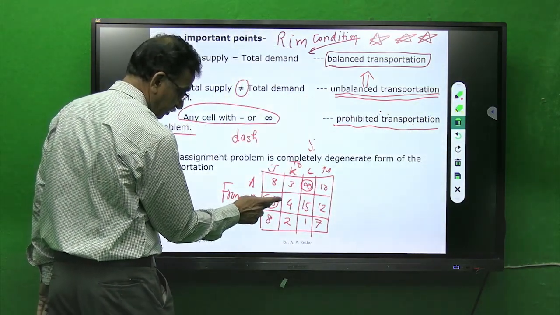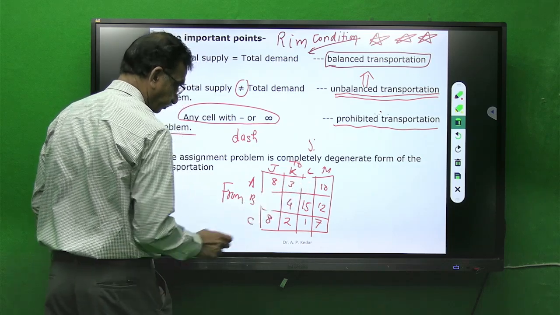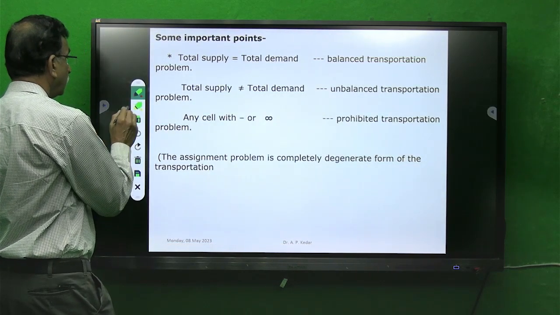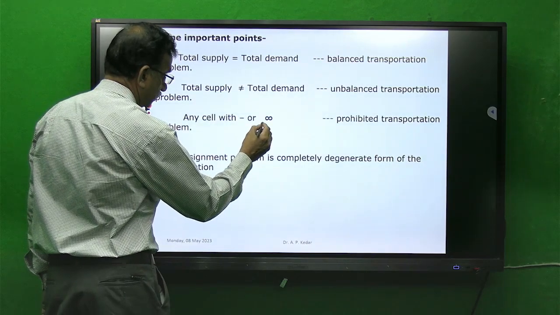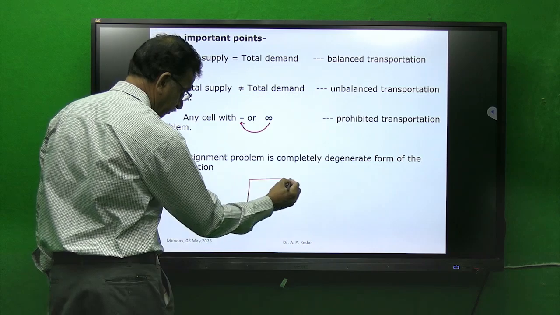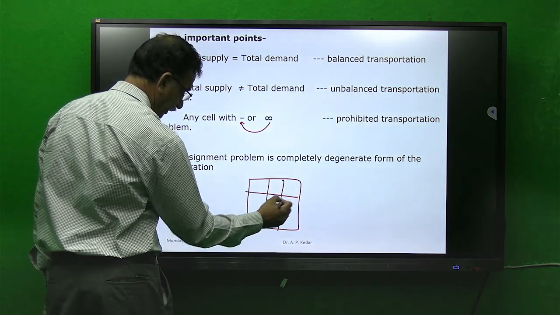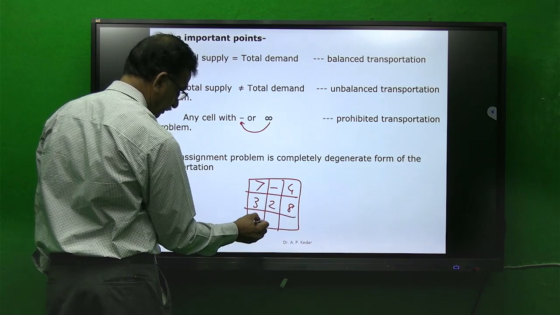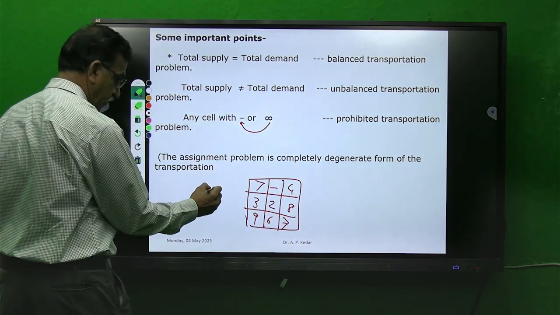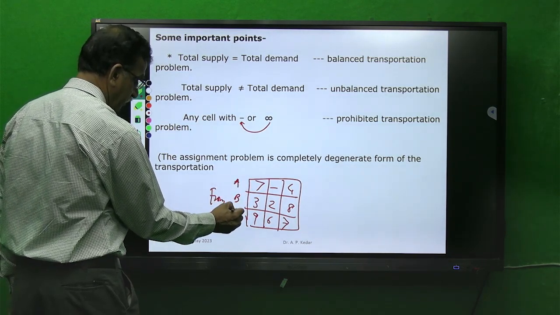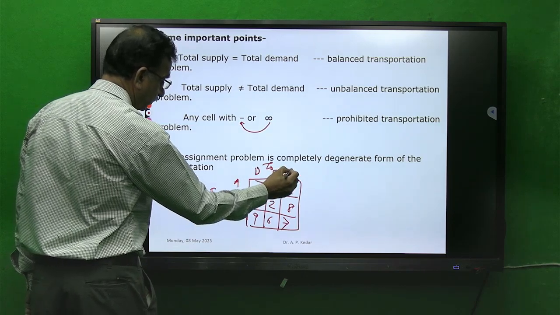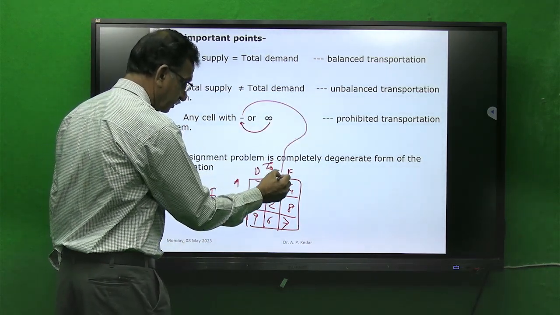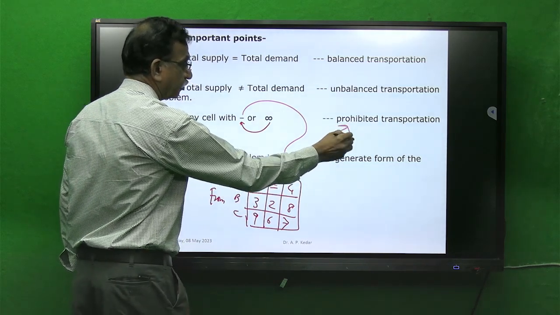Or in other way, suppose there is no infinity, suppose you replace this by this, like for 3 by 3 again we can take 7, 4, 3, 2, 8, 9, 6, 7, means again if we write from A, B, C to D, E, F, and if this cell is having dash, it means prohibited transportation.